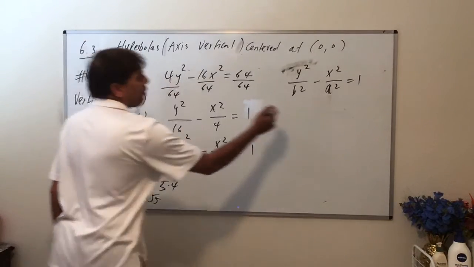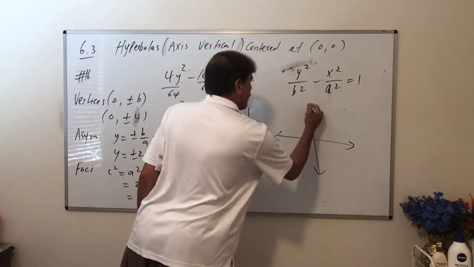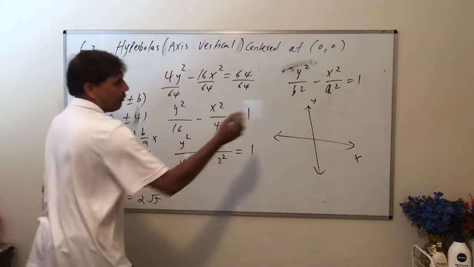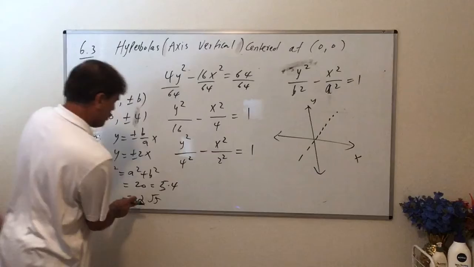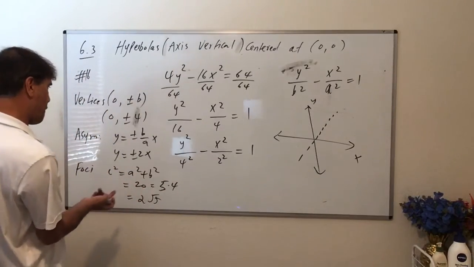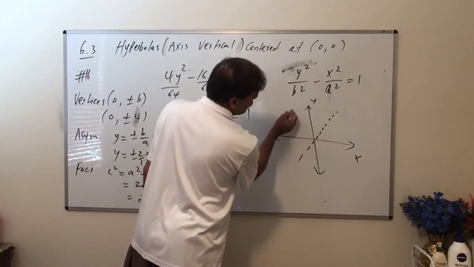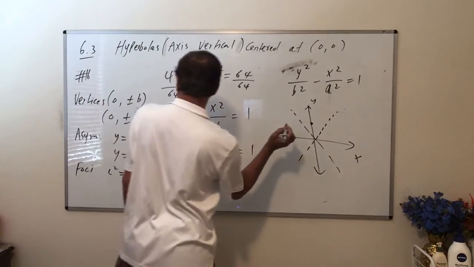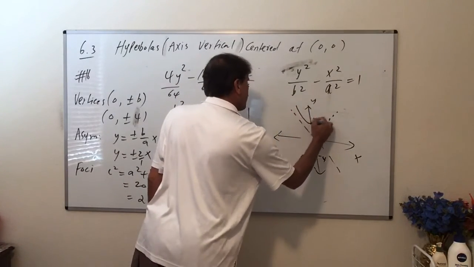Now at this point, we're going to slow down a little bit. y squared is positive, so here is your graph. We know the asymptotes first: this one goes through (0, 0), with slope 2 over 1, so rise over run. Then here are your vertices, which are 4 and negative 4. You graph this.